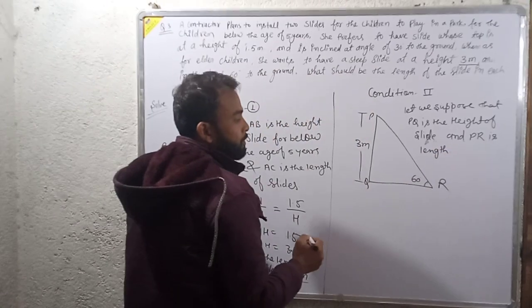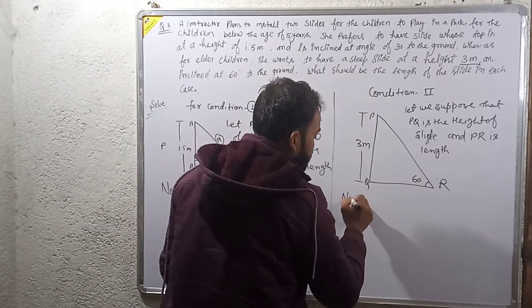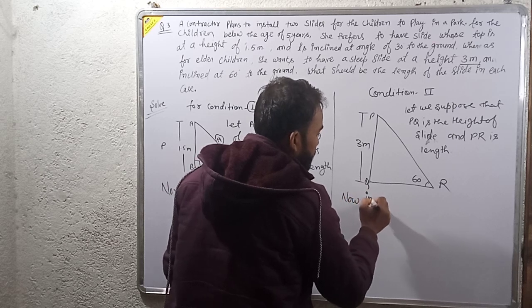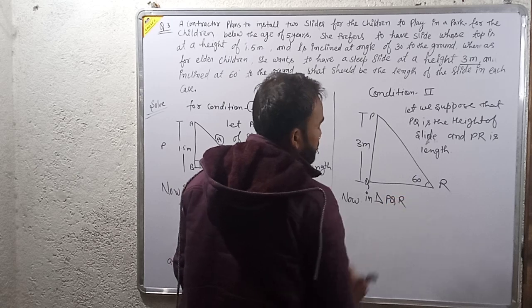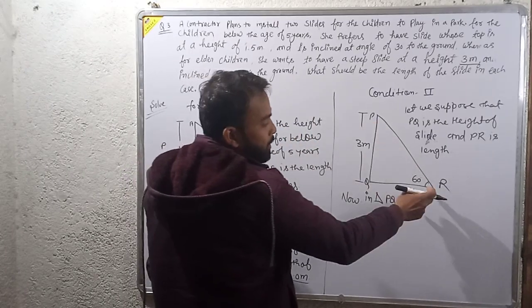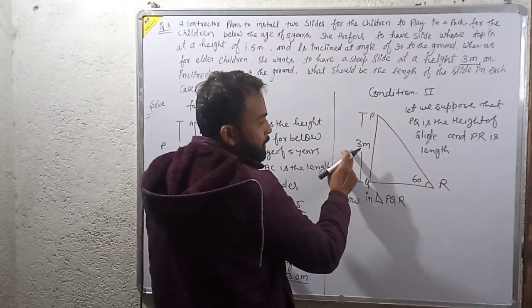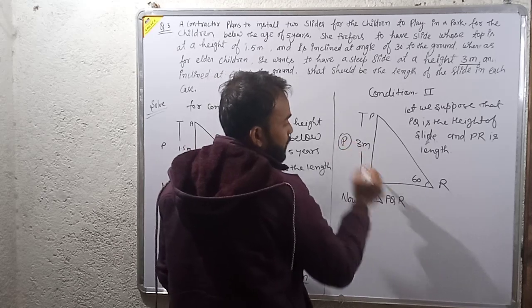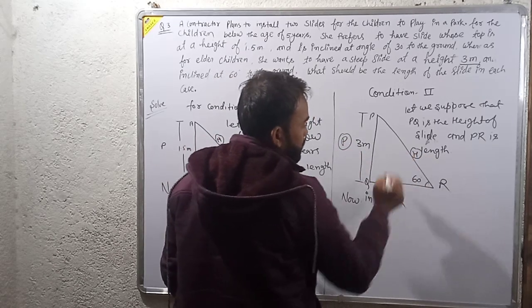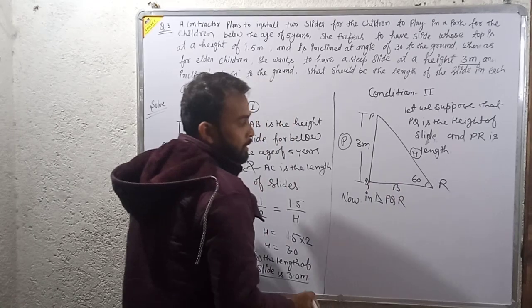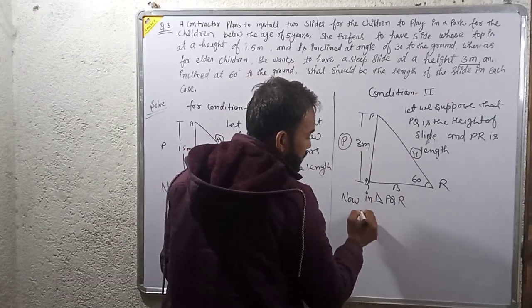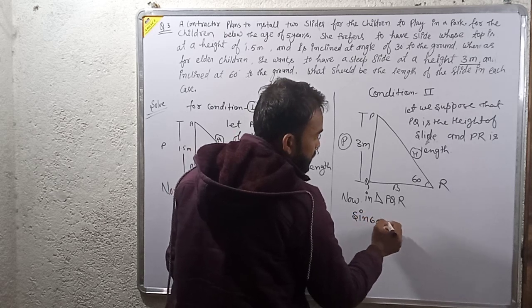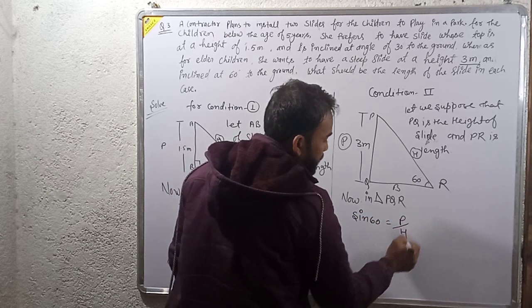Clear? Now in right angle triangle PQR, we have to find PR. So we find the relationship between perpendicular and hypotenuse. Clear? Now it becomes sine 60 degrees is equal to P by H.